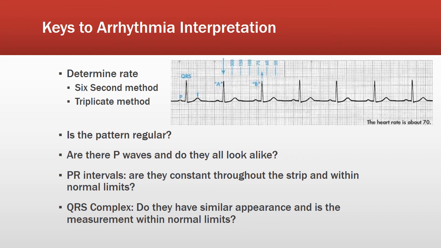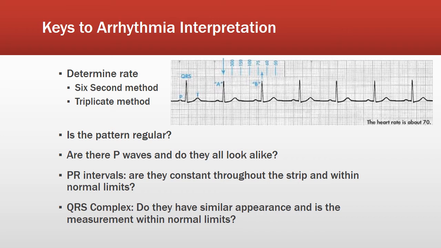That is where we would start by knowing we would count over to the next big box, which if the next R wave was at that box, it would be 300. The next big box is 150, the next is 100, the next is 75, the next is 60.